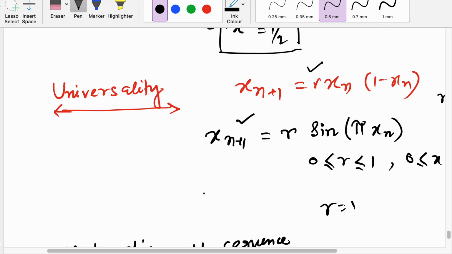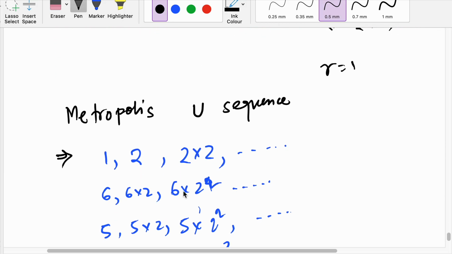Not only that, the appearance of the periodic orbits, fixed points, one periodic cycle, two periodic cycle, four periodic cycle, is called the Metropolis-Stein-Stein sequence, and it has been greatly studied.